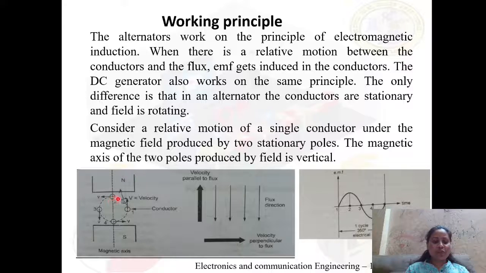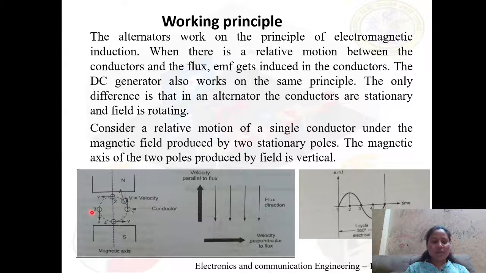Next, let us see when the conductor moves to position 2. In position 2, we can observe that the velocity is acting horizontally and the magnetic field lines are acting vertically downward. Therefore, the flux lines will get cut when the conductor is in position 2 and the maximum EMF will be induced.